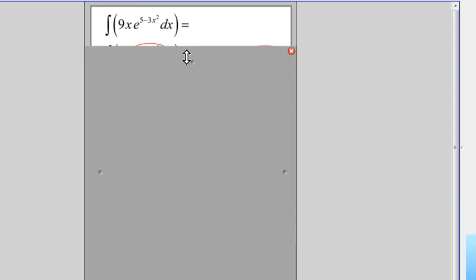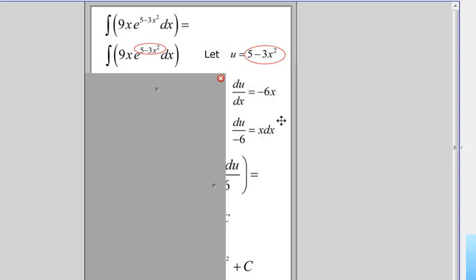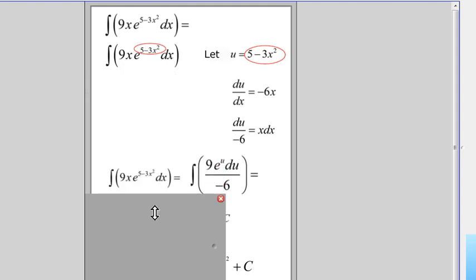by making u equals 5 minus 3x squared, we are going to find the derivative of u, which is minus 6x. So x dx will be du divided by minus 6, because in here we have x and dx. The 9 is a constant, so we don't worry about that because we can always take it out of the integral.